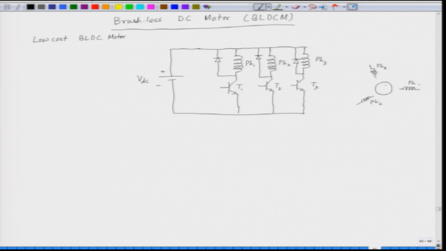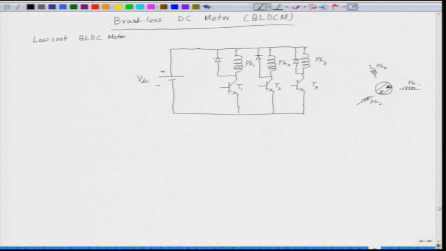And the rotor in this case is a permanent magnet rotor. So, we have a distinct north pole here and a south pole here. So, this is a permanent magnet rotor.